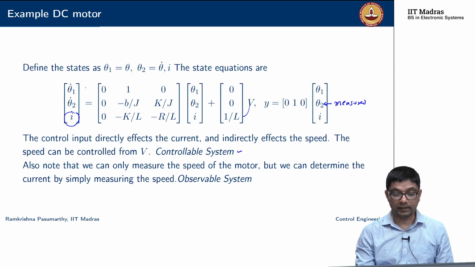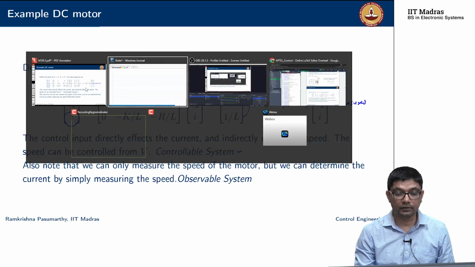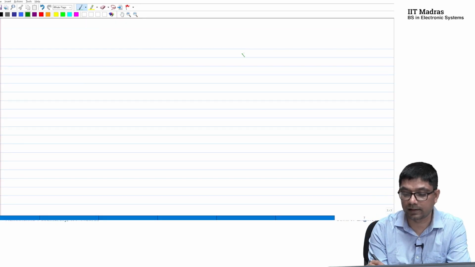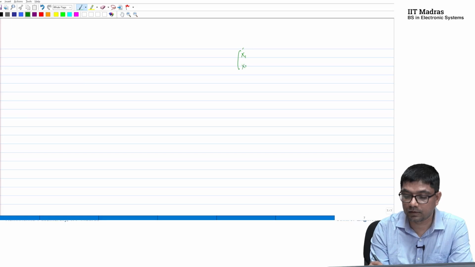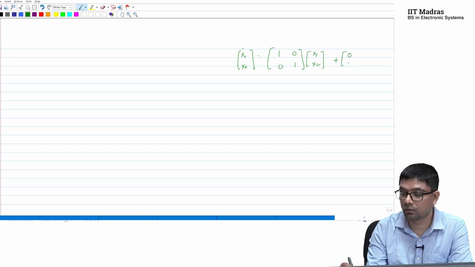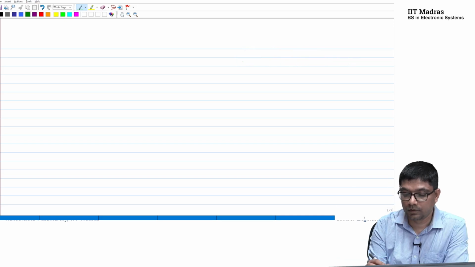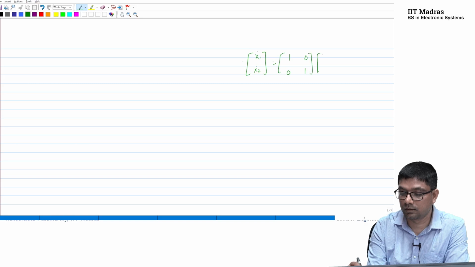DC motor, right? So on the other hand, now if I have a system, let's say I have x1 dot, x2 dot is [1 0; 0 1] x1, x2 plus [0 1] u.